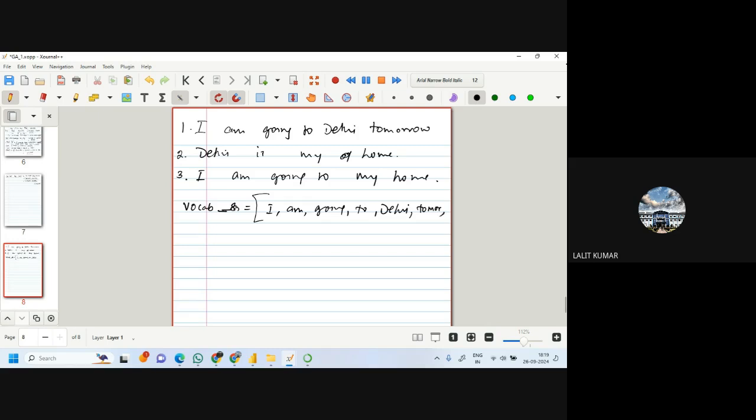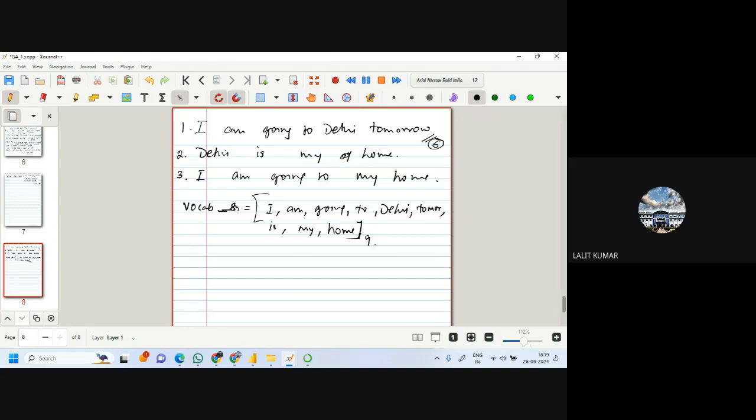Delhi is there. Is is there, my is there, home is there. I am is there. Going is there. To is there. So this is the vocabulary, and the vocab size is 1, 2, 3, 4, 5, 6, 7, 8, 9, for example. And the maximum sequence length is 1, 2, 3, 4, 5, 6.